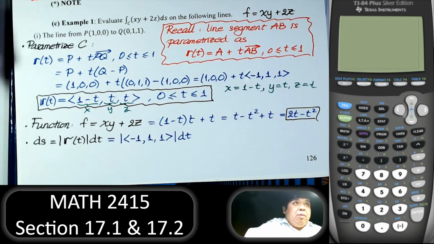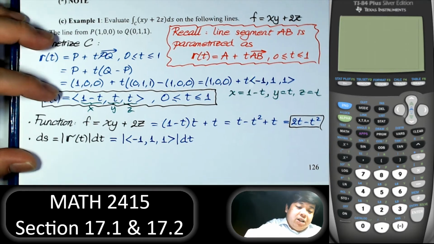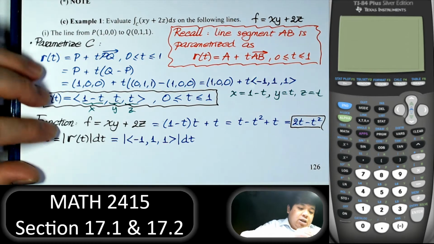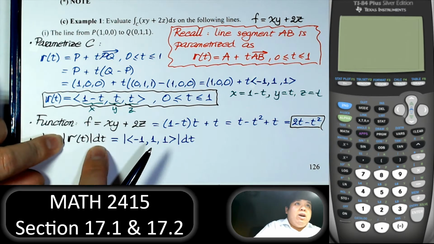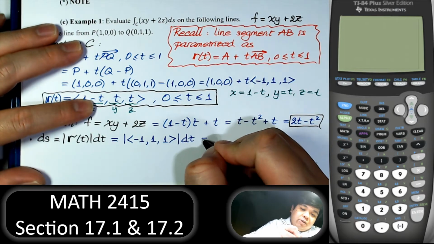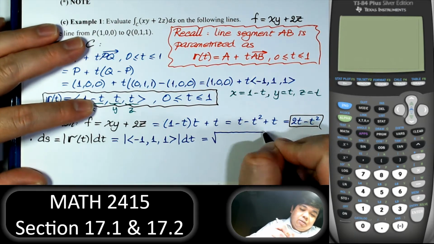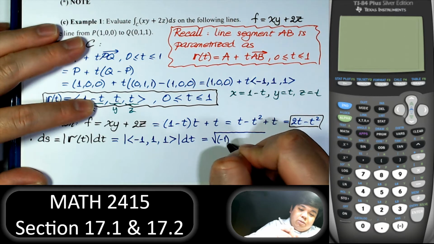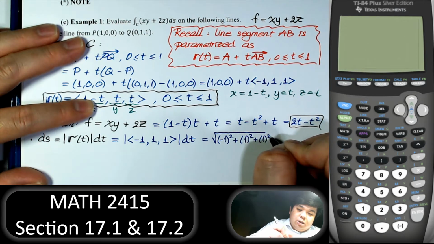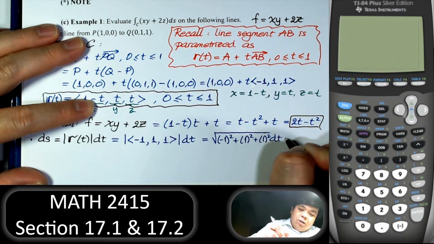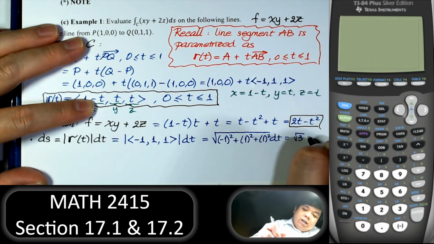If I have more space, I'll write them a little differently. But we just take the derivative of r(t) and we have that. Now the magnitude of this is the square root of the sum of the squares of the components. So square root of 3 dt.